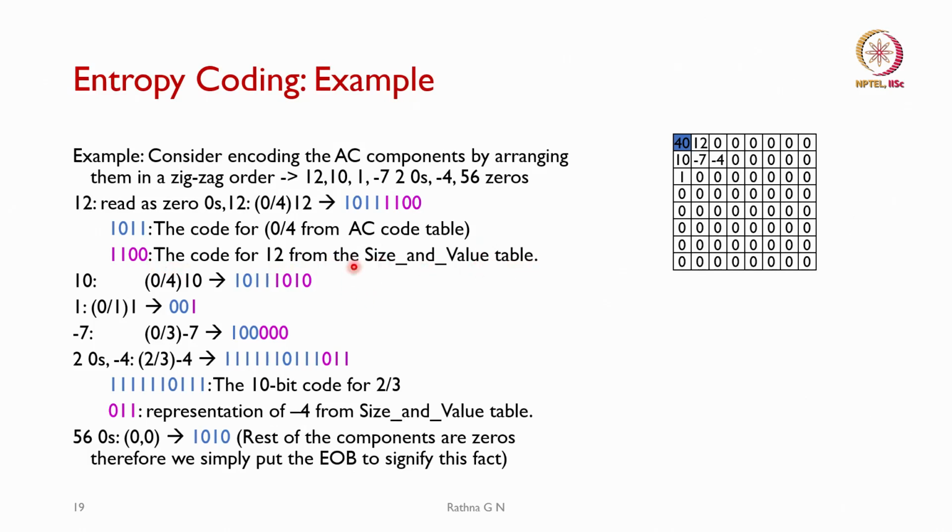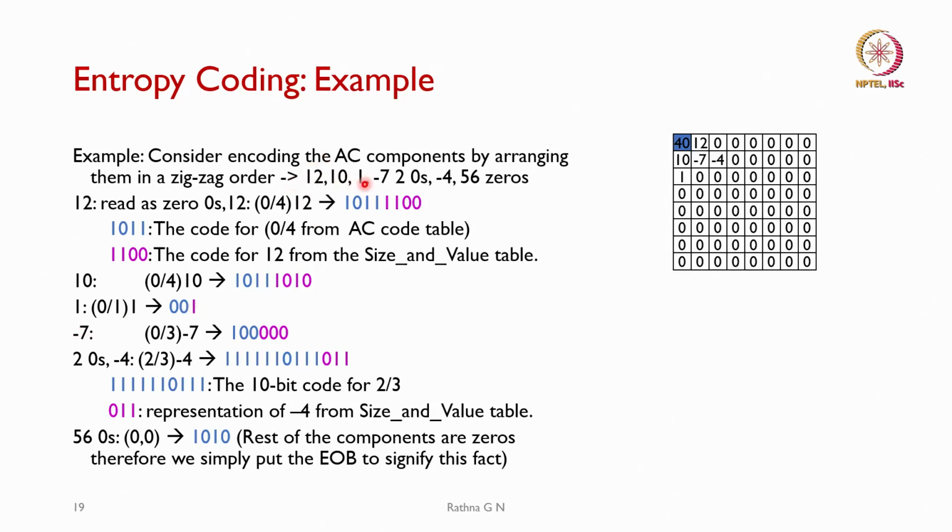That is what you will send, and then for 10 it is 0/4, with the value of 10 at the end, and if it is 1 you will see 0 0 1 in the last. And minus 7 is the next one.